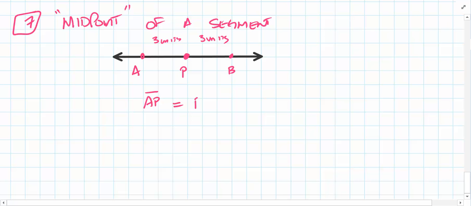They're equal to each other because they have the same length. Do they have the same shape? So therefore, AP is congruent to PB. You guys agree with that part? That implies that P is what? The midpoint. Of what segment? AB.